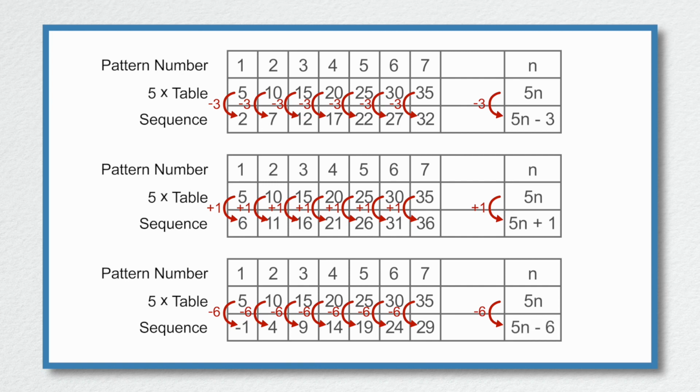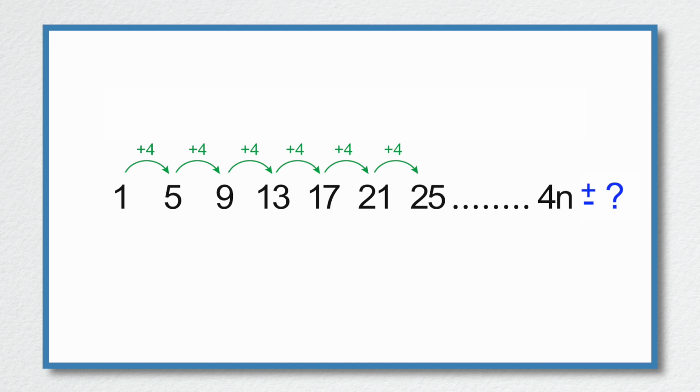So for arithmetic progressions, think about the multiplication tables. If we look at this sequence here as an example, 1, 5, 9, 13, 17, 21, 25, we are adding 4 each time to make the next number in the sequence. So I'm thinking of the 4 times table, which means it's going to be 4n add or subtract something.